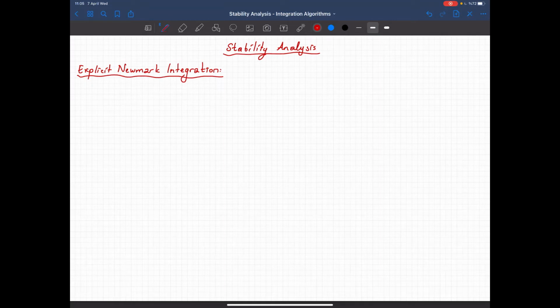For this purpose, I'm just writing the equation of motion for an undamped single degree of freedom system.